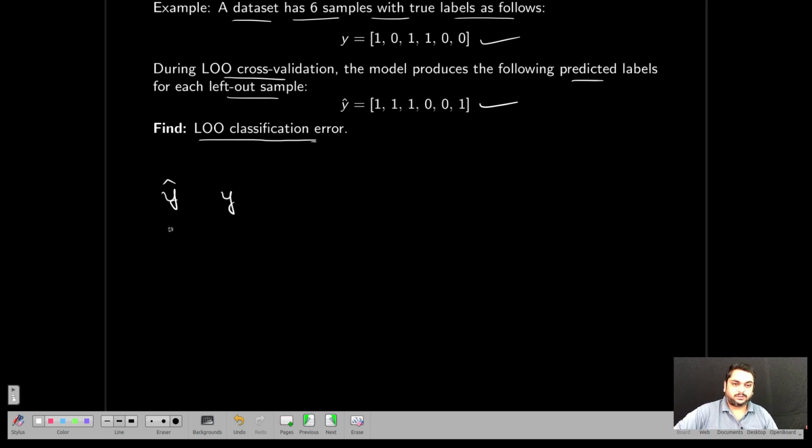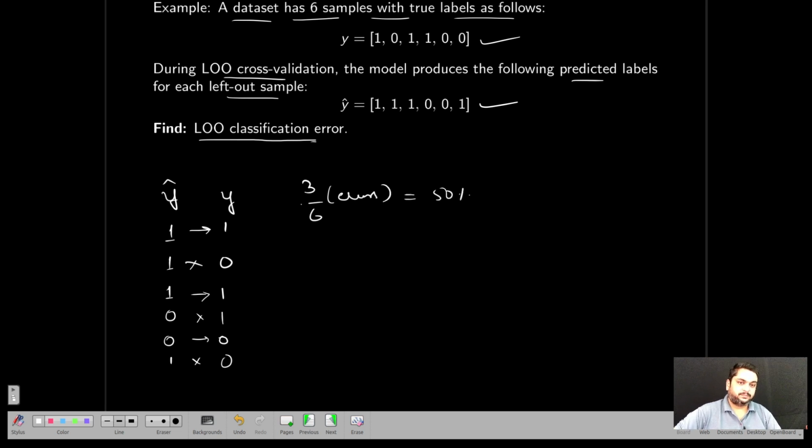Now it has produced results like this: 1, 1, 1, 0, 0, 1. And the actual true values were 1, 0, 1, 1, 0, 0. So this one is correctly predicted. This one is wrong. This one is correct. This one is wrong. Correct. And then wrong. So 3 out of 6 are errors, that is 1 by 2 or 50% is the classification error.